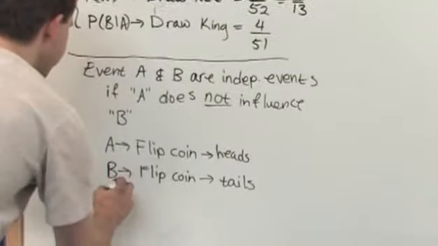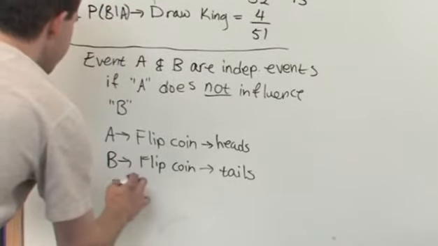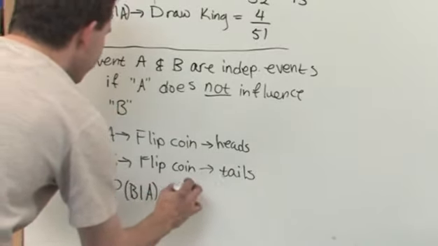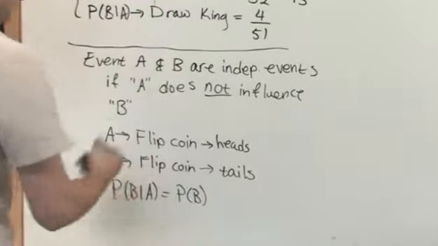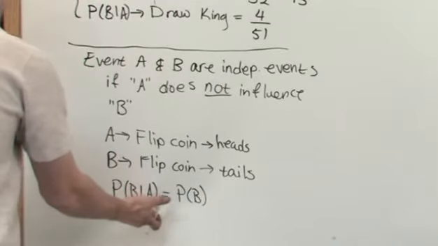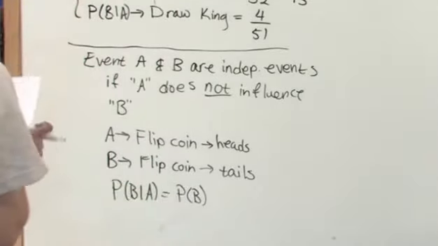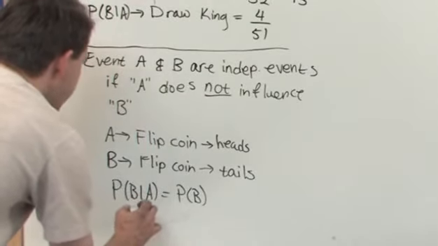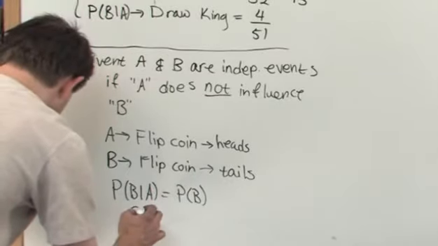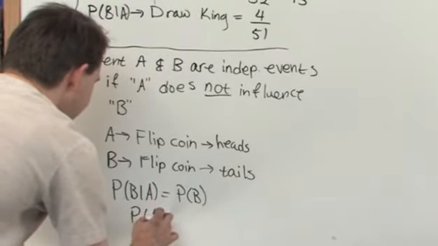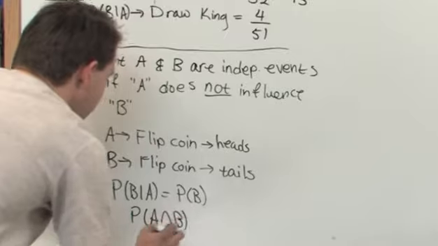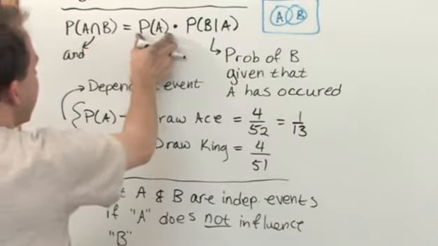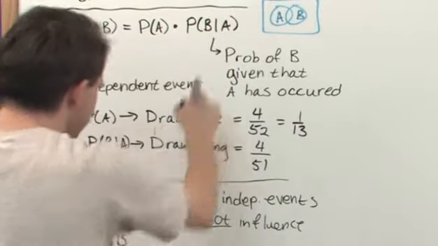So for independent events, the probability of B given that A has occurred is really just the same thing as the probability of B all by itself, because there's no difference. So when you're writing your probability multiplication rules, the probability of A and B, go all the way back up to the top: A and B is the probability of A times the probability of B given that A has occurred.